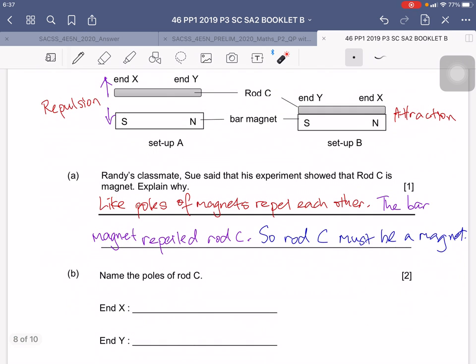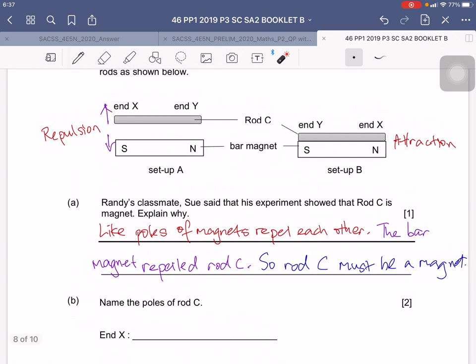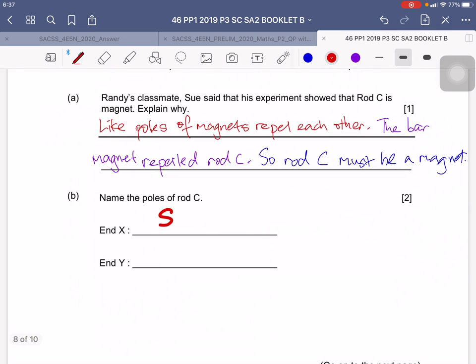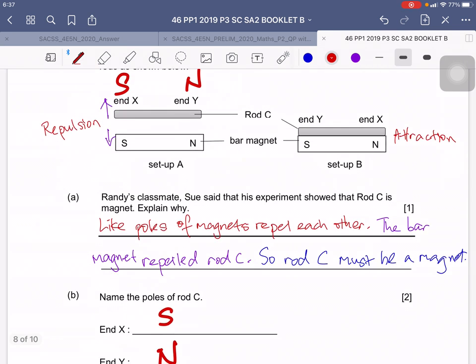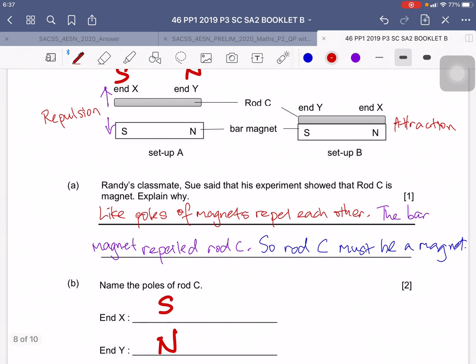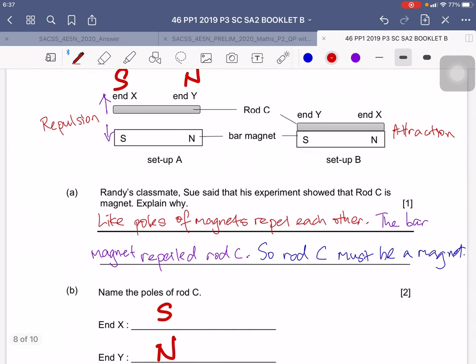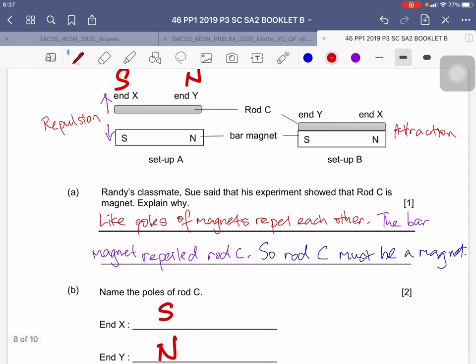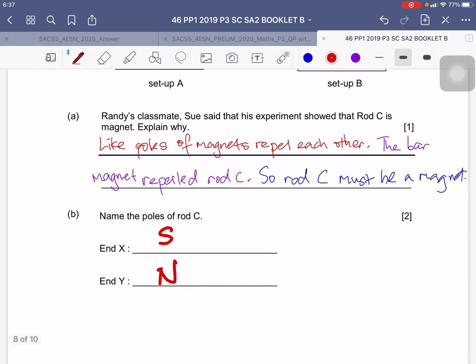Next, name the poles of rod C. Now, of course, we talk about like poles. Therefore, this must be south and this must be north. So this is south and this is, wait, give me a minute. Okay, so that's repulsion.